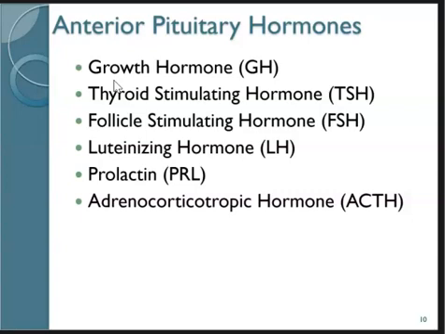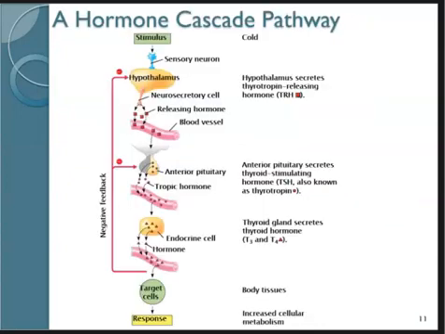Okay. So next we're going to talk about something called a hormonal cascade, where one hormone initiates the release of a second hormone, and this second hormone initiates the release of a third hormone. A good one to look at is our thyroid hormone. So TRH is released from the hypothalamus.